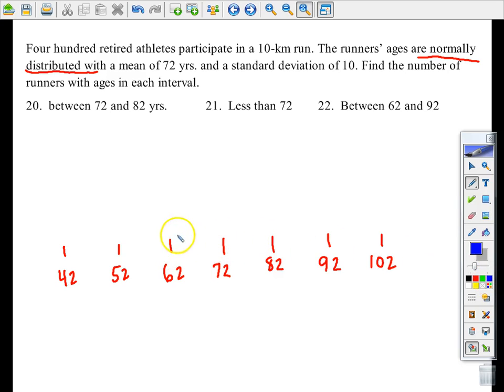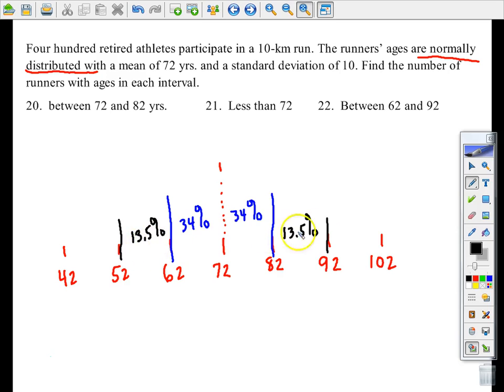Okay, well, remember the standard normal curve identifies percentages of our data that fall within these ranges. So within one standard deviation of the mean, this represents 34% of my data on either side, total of 68%. If we go out one more standard deviation to 52 and 92, 2 standard deviations, this would be 13.5% of my data.